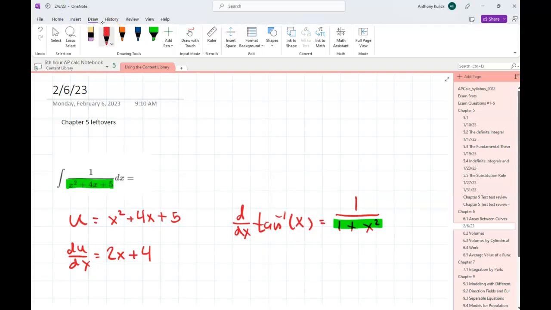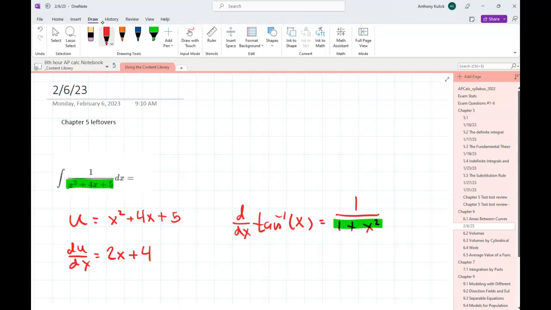This is an Algebra 2 skill. Anybody remember the Algebra 2 skill that will allow us to do that? The name of it? Starts with a C. It's 3 words.